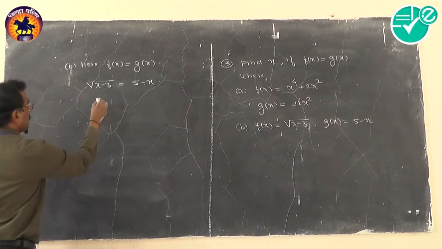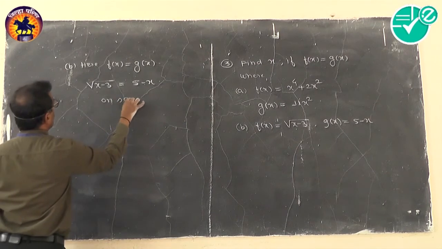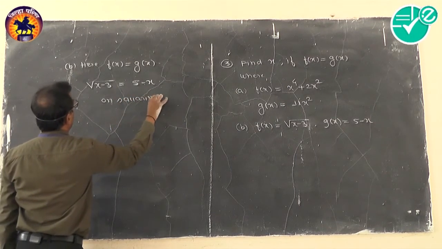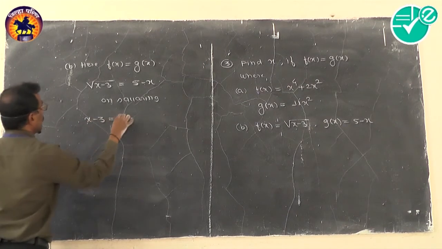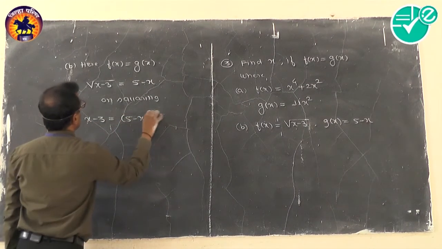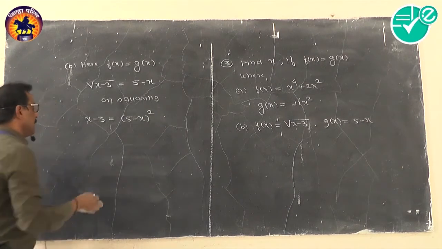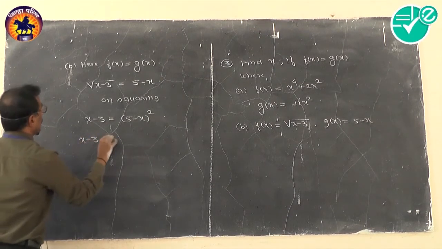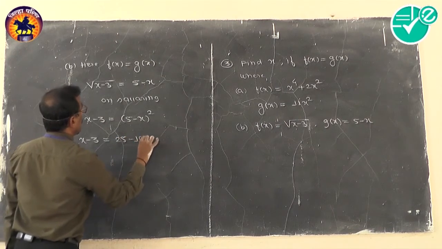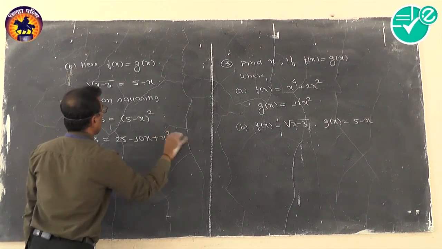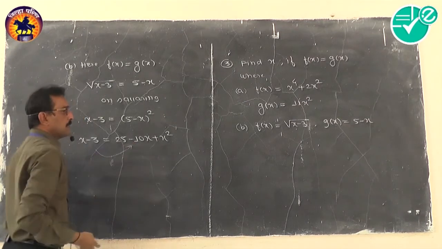In order to remove this square root, on squaring, we get x minus 3 is equal to (5 minus x) whole square. If we continue, x minus 3 is equal to the square of 5, that is 25, minus 10x plus x square. Shift all terms to the right hand side.